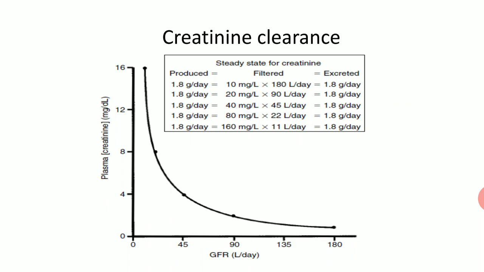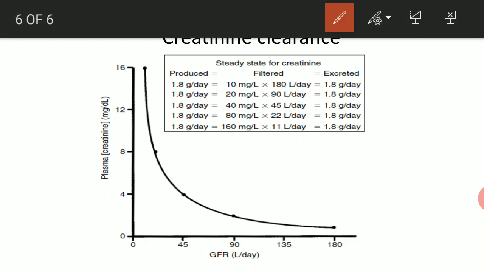And for creatinine clearance, we are considering that creatinine clearance is a surrogate marker, and it is non-invasive because creatinine is produced by the muscle proteins. So in this graph, what is represented in the x-axis? GFR in liters per day, and in the y-axis plasma creatinine value, that is milligram per deciliter. The graph you see is like this.